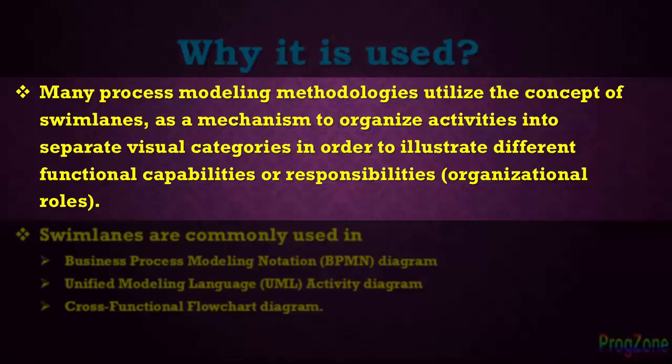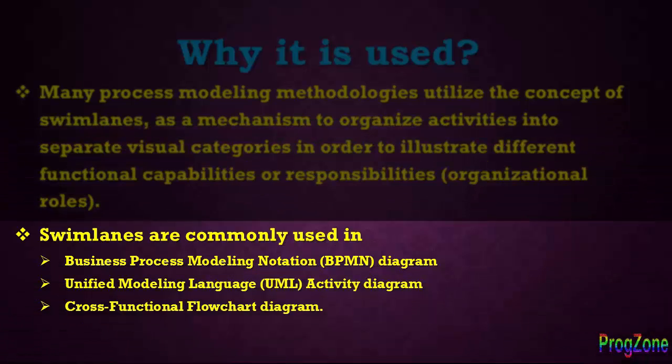Many process modeling methodologies utilize the concept of swim lanes as a mechanism to organize activities into separate visual categories in order to illustrate different functional capabilities or responsibilities, organizational roles actually. Commonly, it is being used in three different sections in Microsoft Visio. Whenever we are going to create a BPMN diagram, which is actually known as business process modeling notation diagram, there you can find swim lanes or lanes or pools.